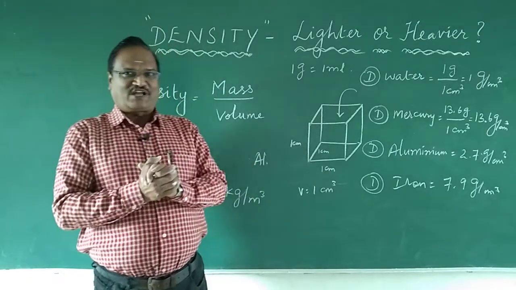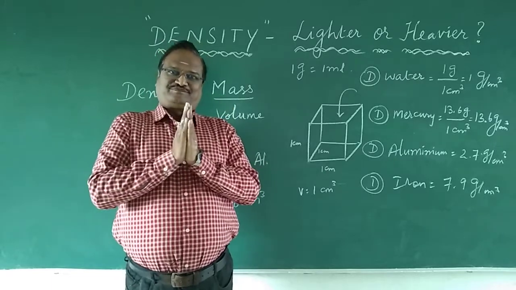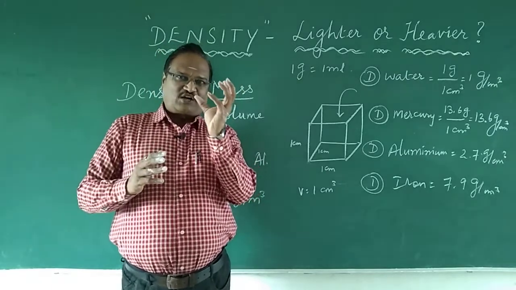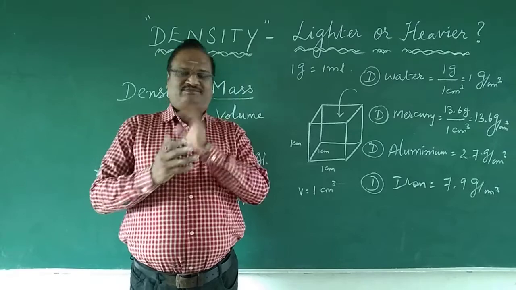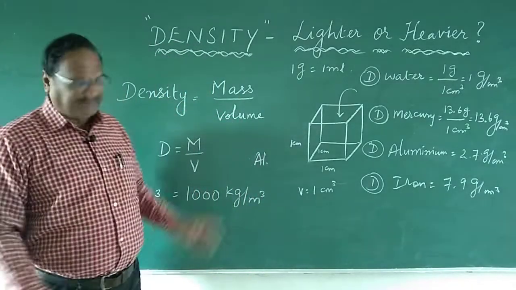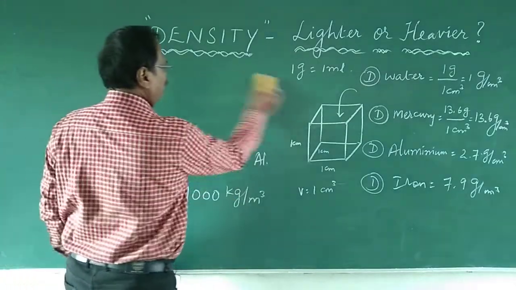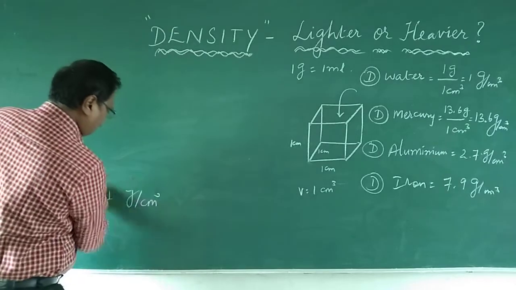Dear students, I am going to ask you a question. I am taking 1 kilogram of iron. Let us make a comparison. With that, we will complete this concept of density in this video. Let us see carefully.